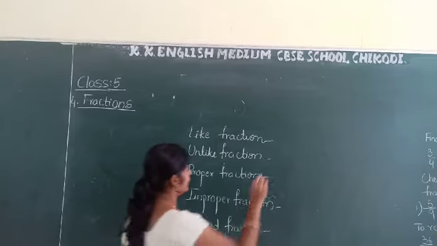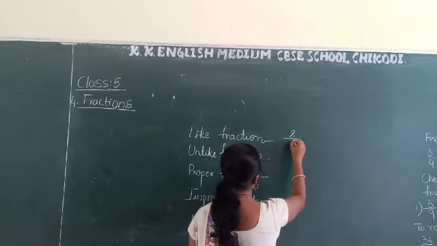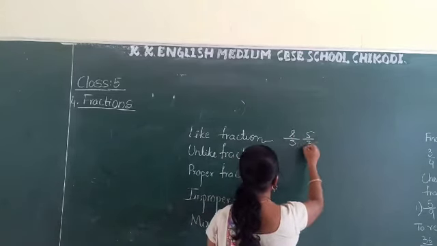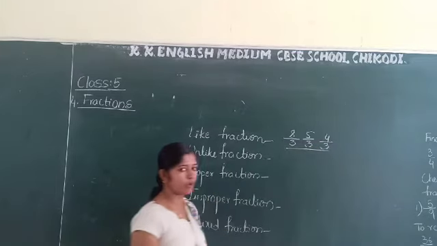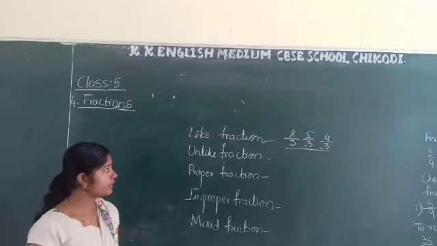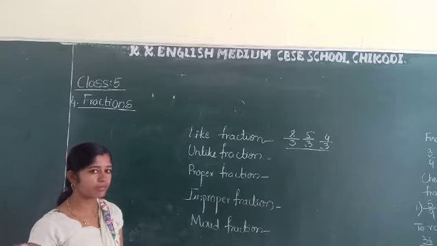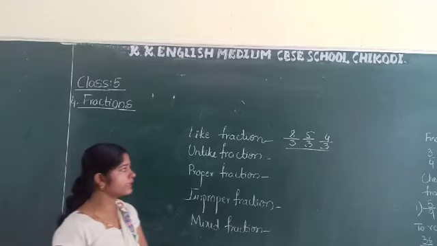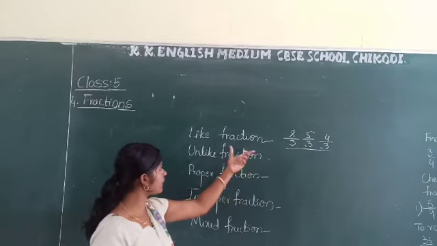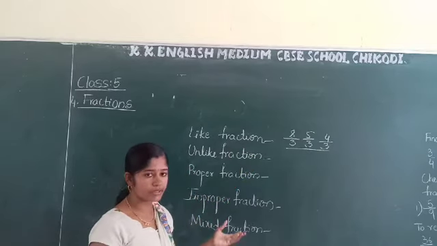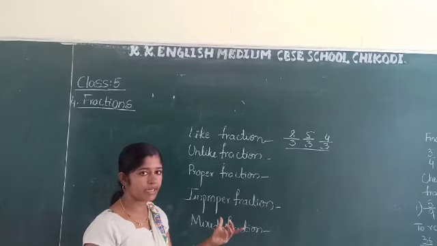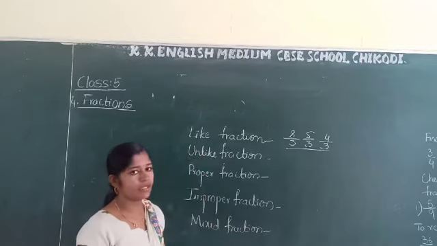See here, 8 by 3, 5 by 3, 4 by 3. The denominators are same, 3, 3, 3. Two or more fractions which have the same denominator, we call like fractions.